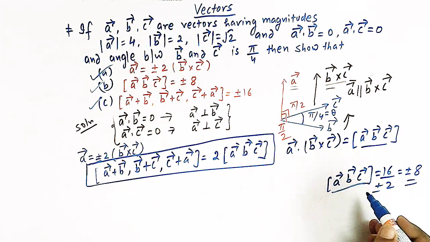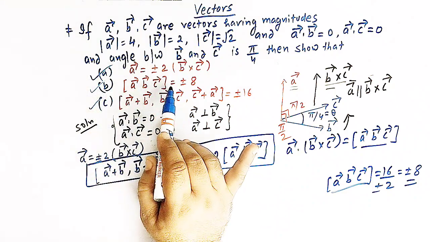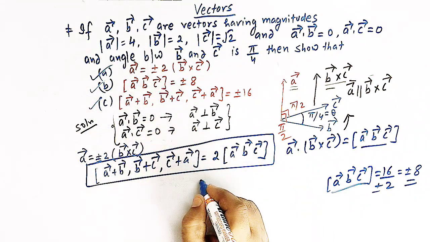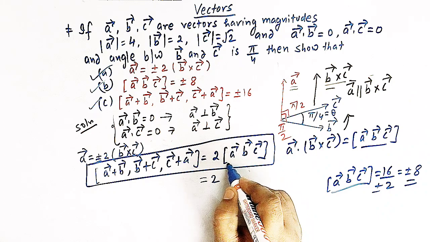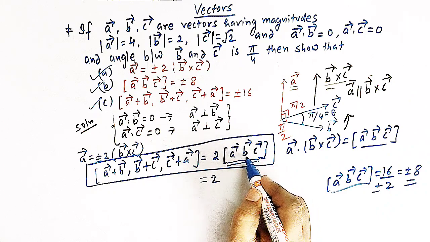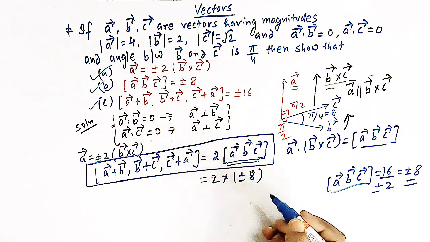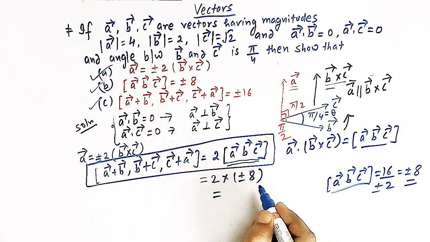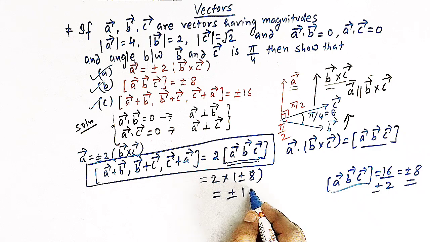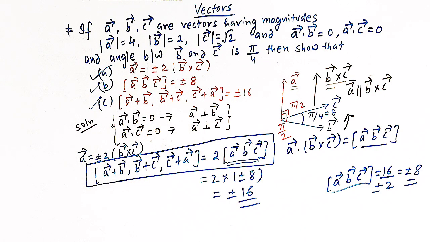Now the scalar triple product of vectors A, B and C, which is proved in the second part, is equal to plus minus 8. So 2 times 8 is 16, so we have plus minus 16. So this is the required third result.